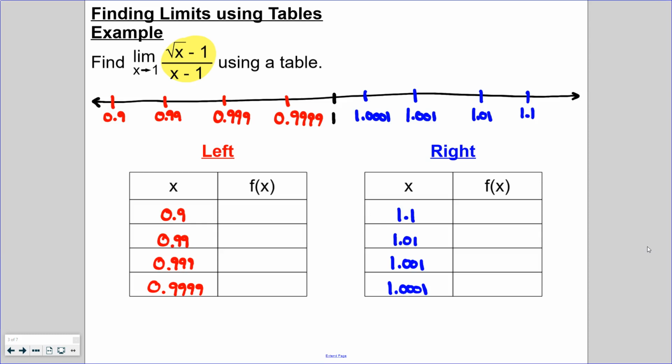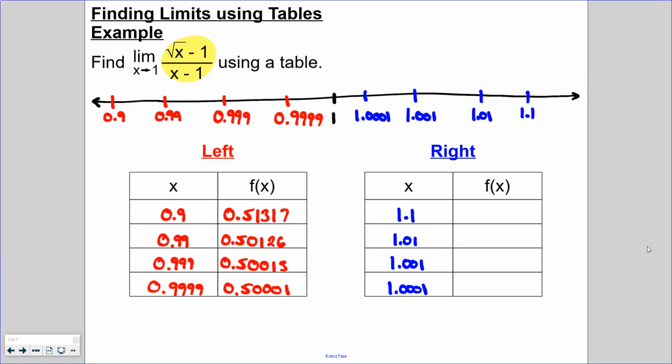And then if we actually throw in these x values, when x equals 0.9, we're going to get 0.51317. For 0.99, we're going to get 0.50126. And then 0.50013. And then 0.50001.